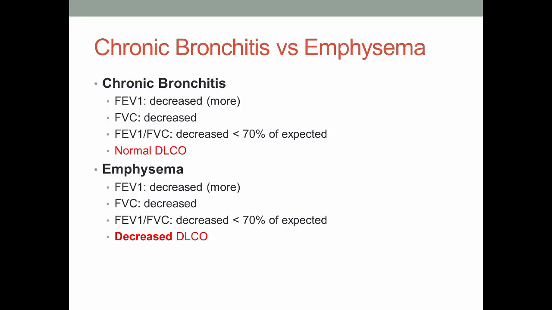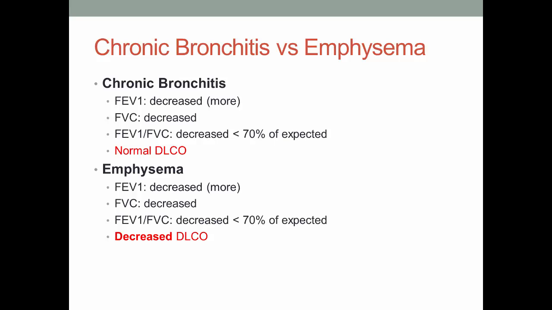So there's another test you can do to help differentiate the two of these. What you can do is called the DLCO, or the diffusion capacity of carbon monoxide. So really what this is getting at is: is the lung parenchyma destroyed in the alveoli?